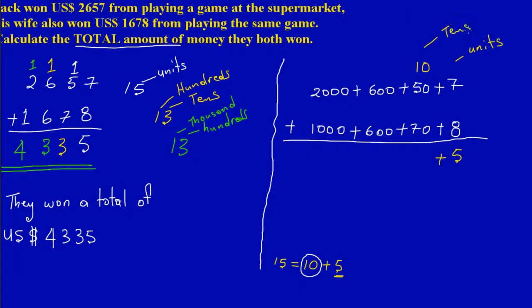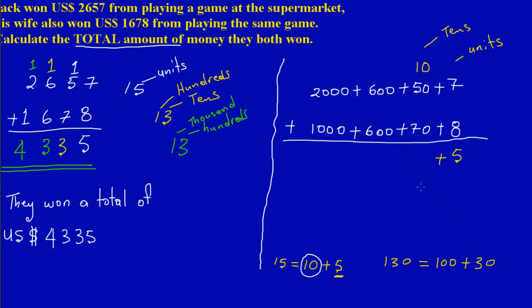Okay, so when I add my tens column, now I've gotten a total of 130. But remember, in my tens column, this 130 is really 100 plus 30. Okay, so that's 100 plus 30.